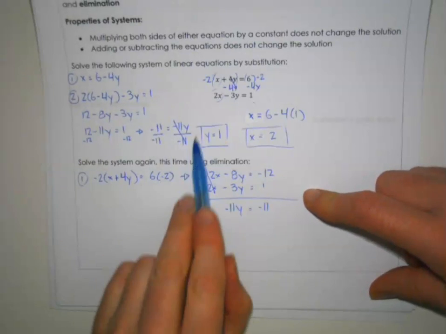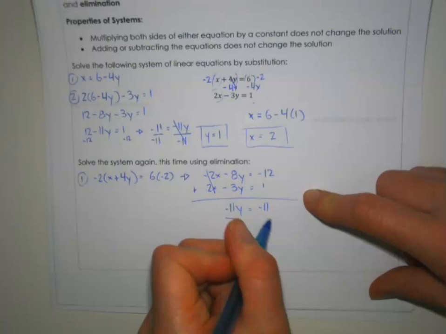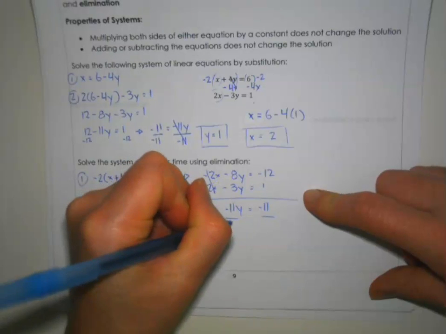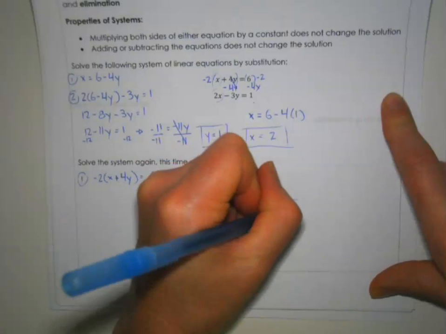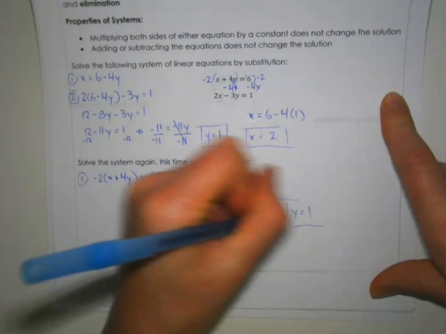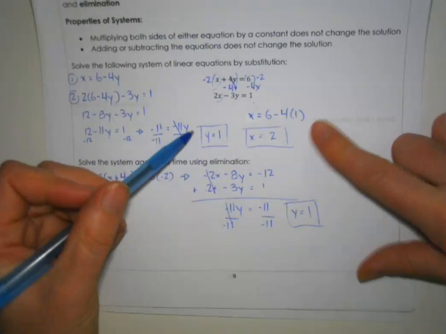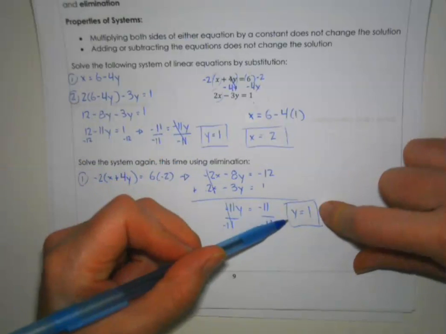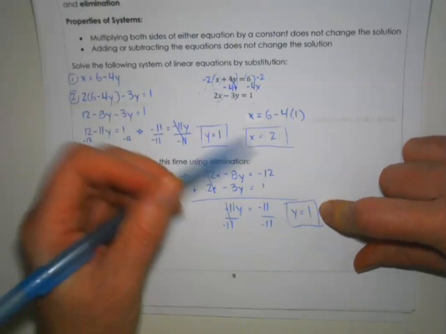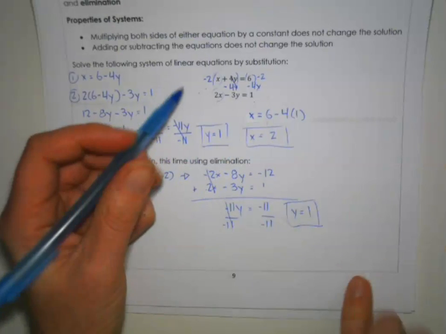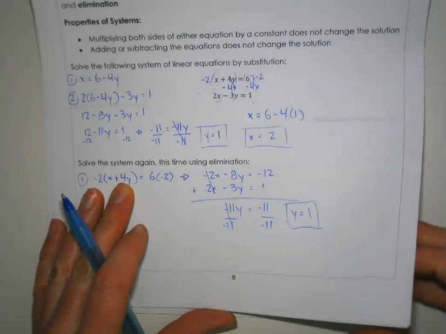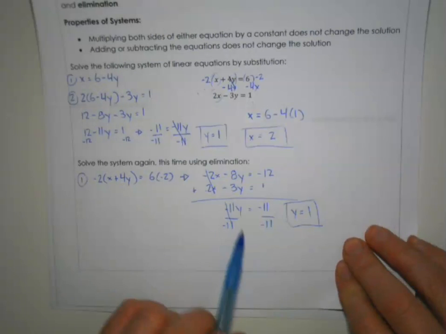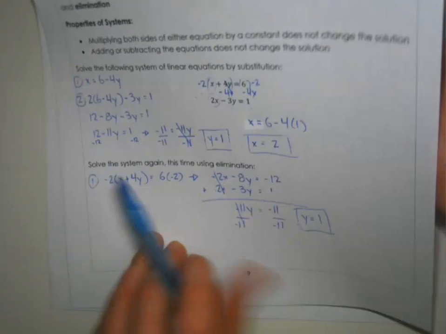And so we end up with the same thing we got here. We just want to divide away the negative 11, and we end up with y is equal to 1. And then we would just do the same step where we would substitute in our y value into one of these equations to solve for x. So basically the same set of steps as we followed before after that first stage of elimination.